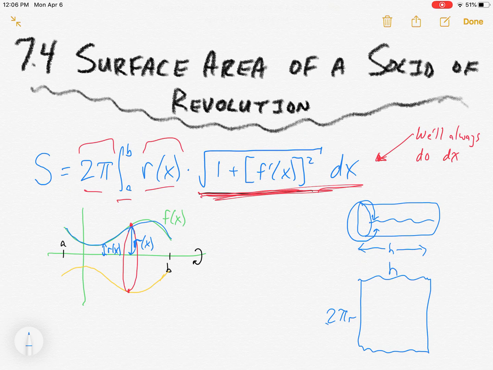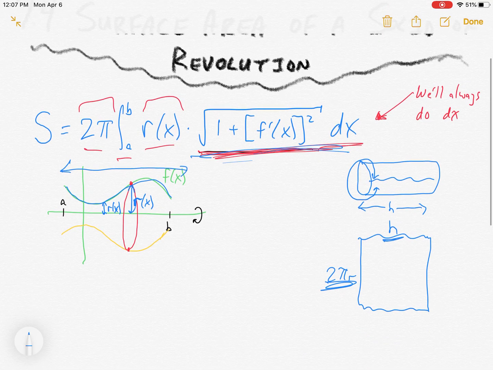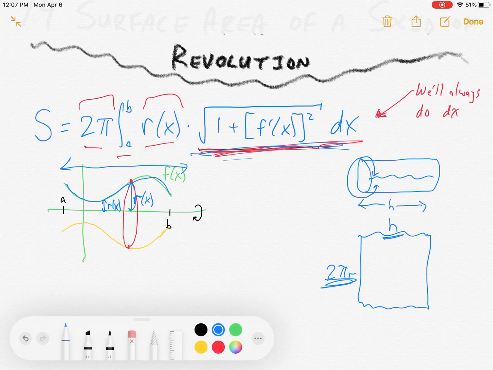That's the circumference, 2 pi r. This dimension is the height. It's 2 pi r times the height. Well, what is the height here? Well, the height is not this distance necessarily because it's a curve. It's the arc length. So that's a kind of rationalistic why it works. You don't really have to think that through, but that's where it comes from.